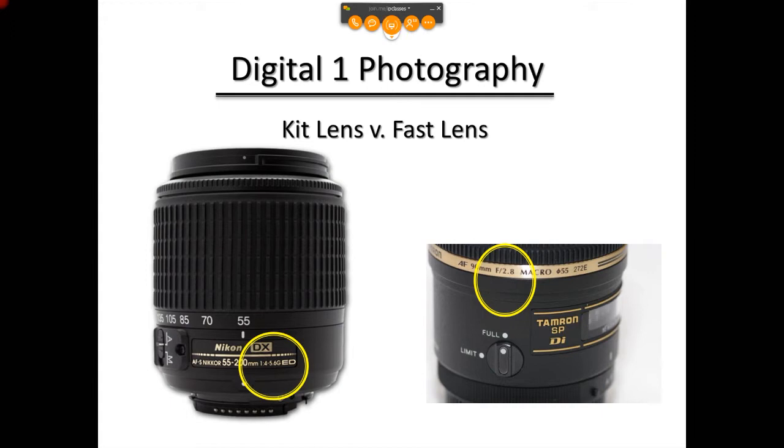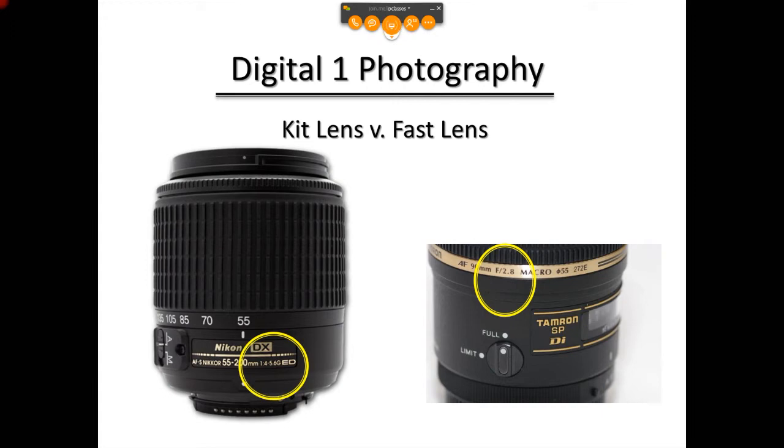Now if you look on the right hand side, this is a 2.8 lens. Notice it only has the number 2.8, and even though it's a zoom lens, what that means is, unlike the kit lens, this gives you an aperture of 2.8 whether you're at 70 millimeters or at 200 millimeters.